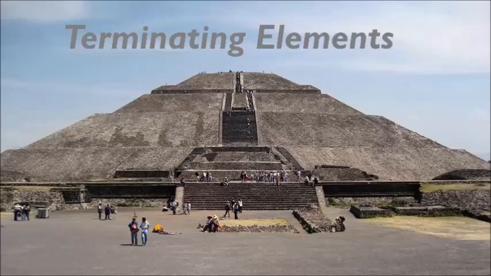So even if you had things on either side of the corridor, psychologically you're not going to perceive that as being as important as the terminating element that is at the end of that corridor. So we can see that in this example of the Pyramid of the Sun at Teotihuacan.